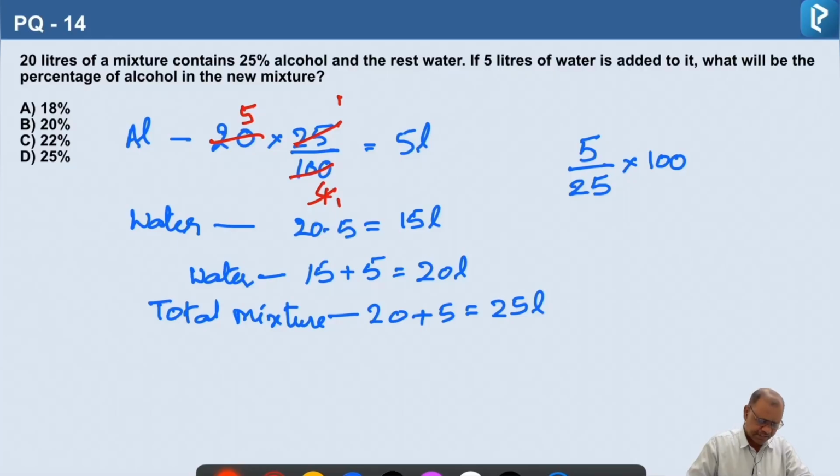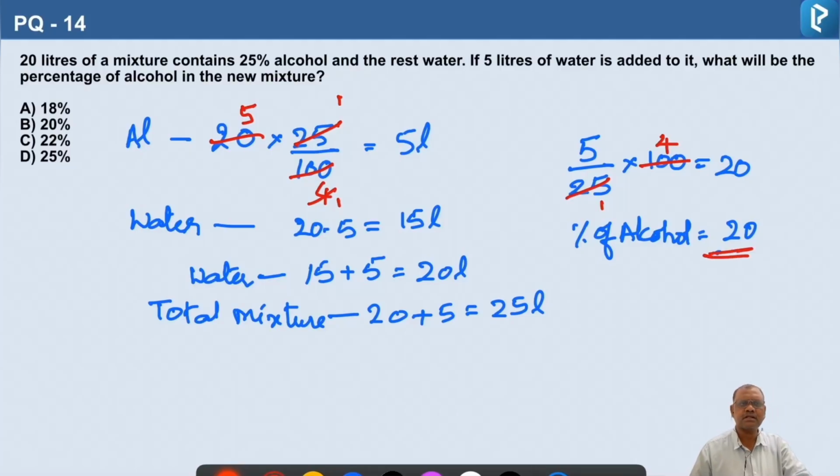If you simplify, 25 ones are 25, 25 fours are 100, so that is 20. The percentage of alcohol is 20% in the new mixture. The correct answer is option B.